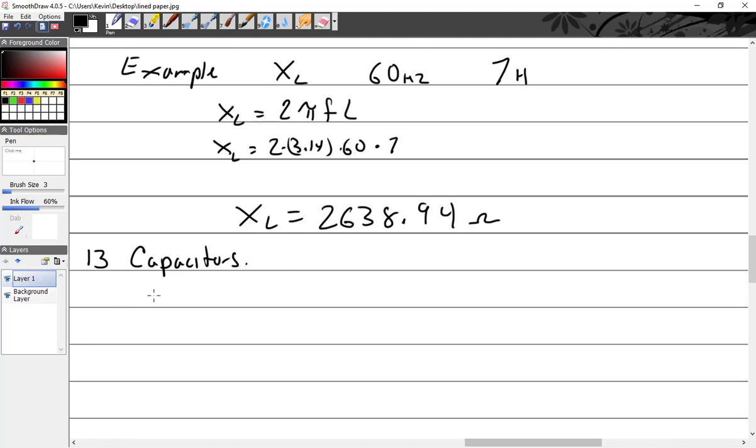One thing that Ivan brought up is that a capacitor is also known as a condenser, depending on its usage. So you can look for that. But a capacitor is a device that stores electrons.